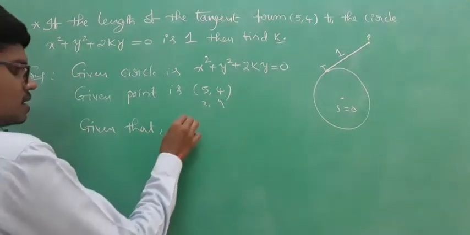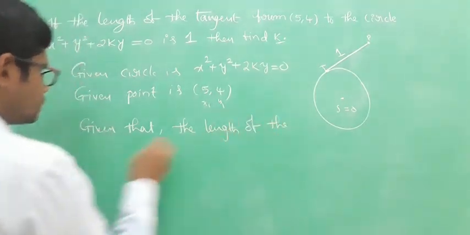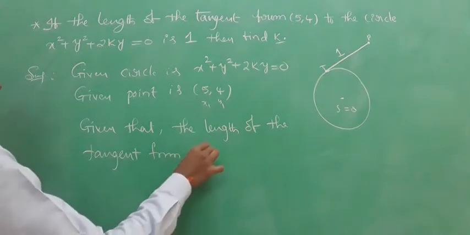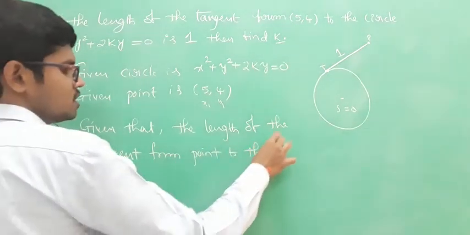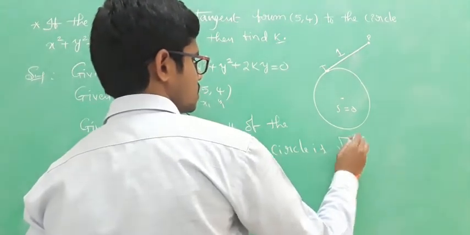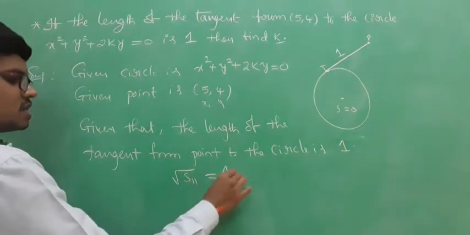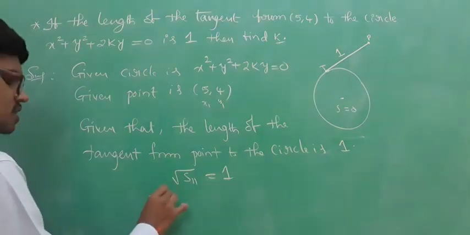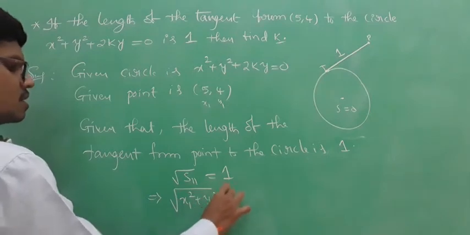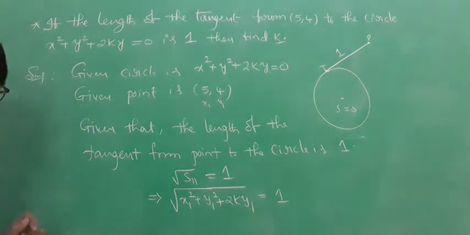Also given is that the length of the tangent from the point to the circle is 1. So that means the square root of S11 is 1. What is S11? x1 square plus y1 square plus 2ky1.